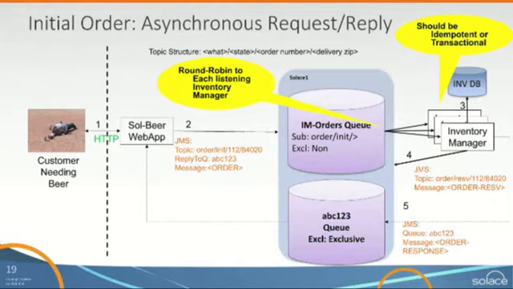So in this particular case, we're interested in order initiation, and specifically that's what the inventory manager is interested in. So he consumes from this queue, and he gets the benefit of round-robin load balancing off of this non-exclusive queue. So for instance, the first order would come in maybe to inventory manager A, inventory manager B would get the second, et cetera.